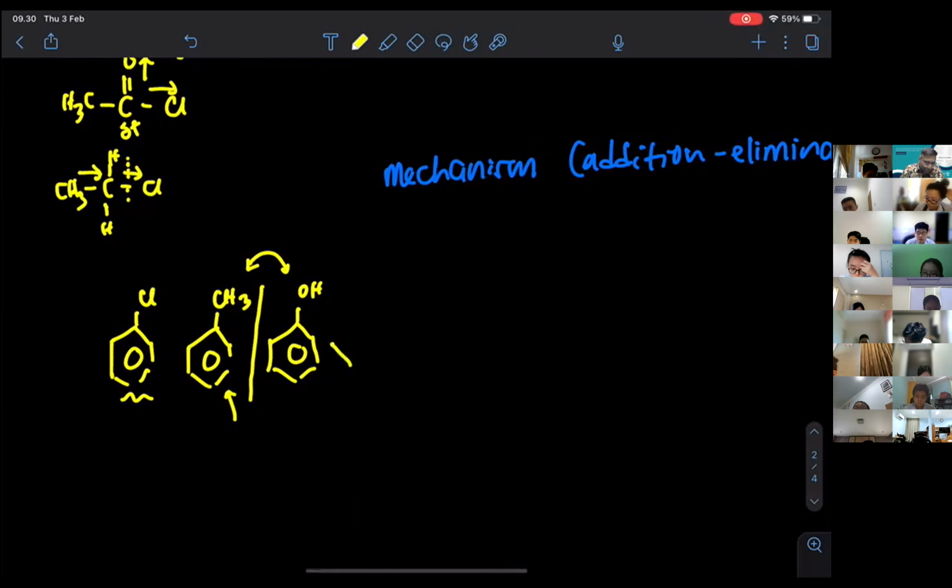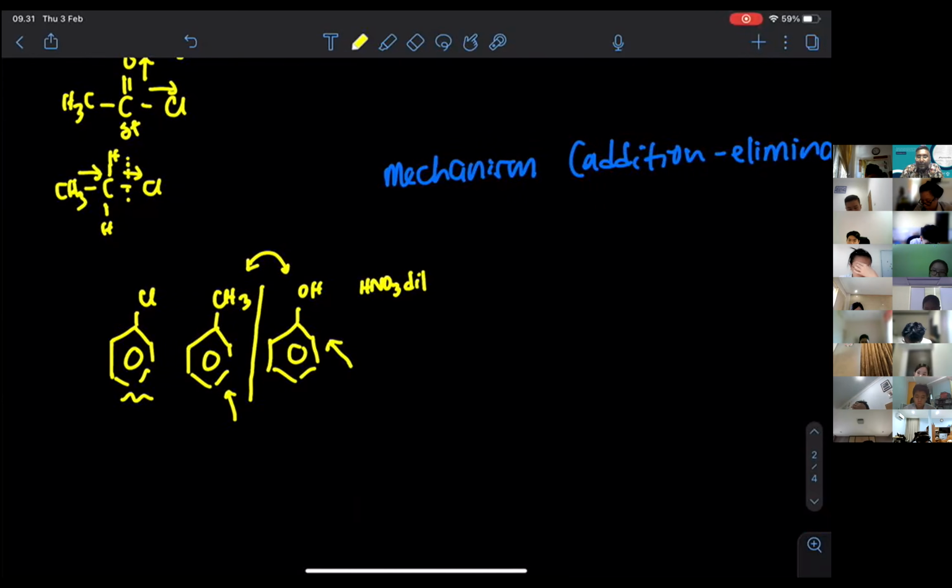But for phenol, remember I told you, phenol is an electron donating group, so the reaction with HNO3 can happen even under dilute condition, without the concentrated HNO3 and without concentrated sulfuric acid.